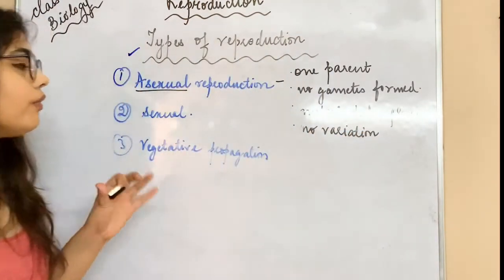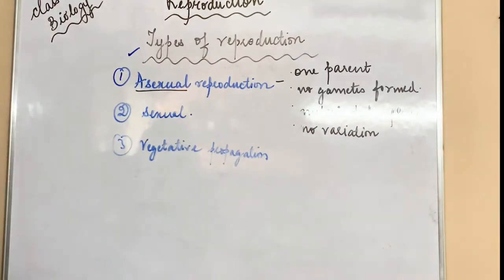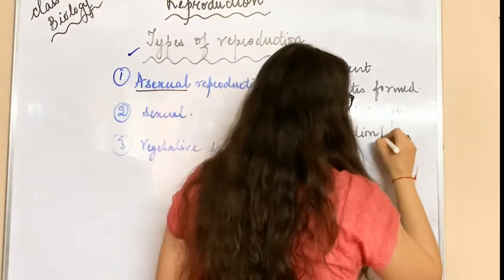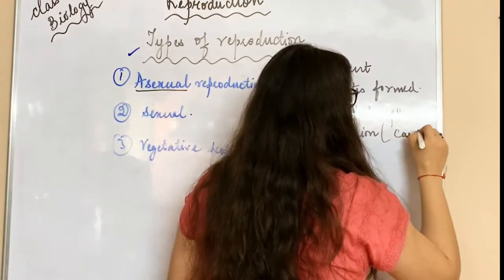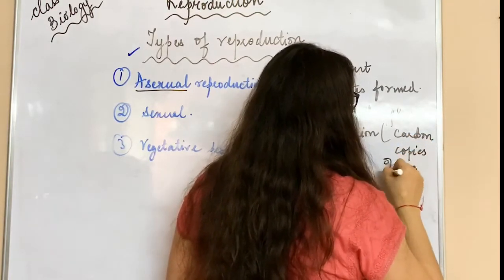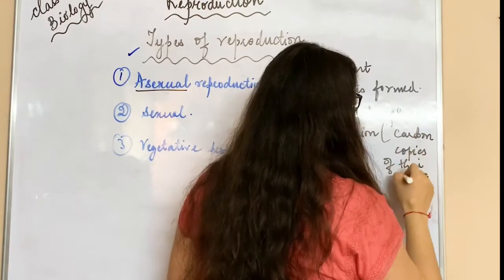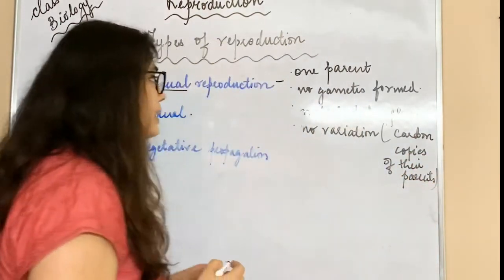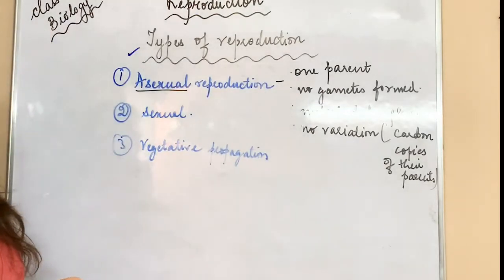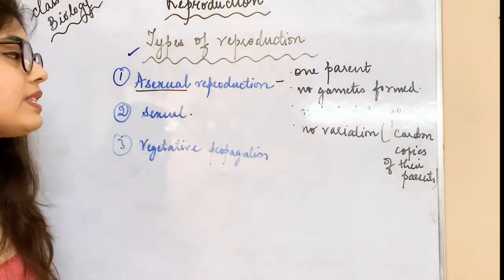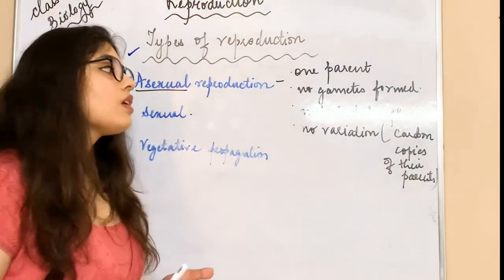No variation means all the individuals which are born are very similar to their parent. They are exact copies, you can say carbon copies of their parents. So in asexual reproduction no variation takes place, mitosis takes place, no gametes are formed, and only a single parent is involved.